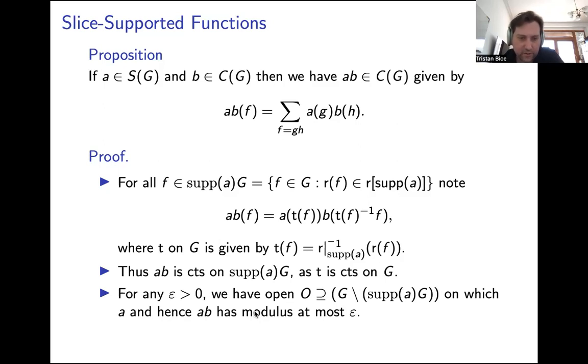And once you know that, that tells you that AB is also continuous on the complement, where it takes the value 0. So that's the first step to defining the algebra we need.